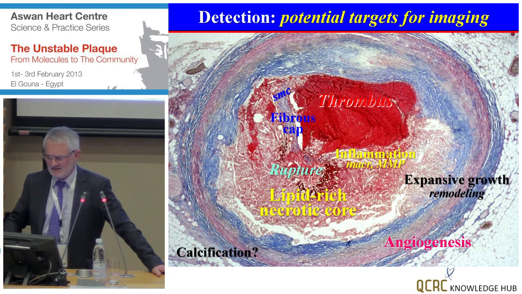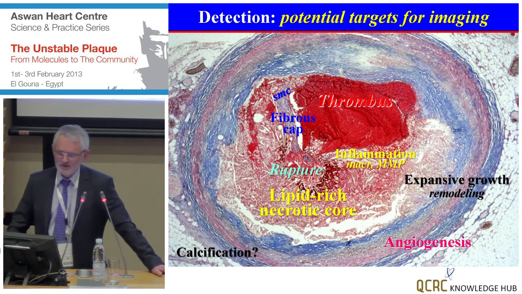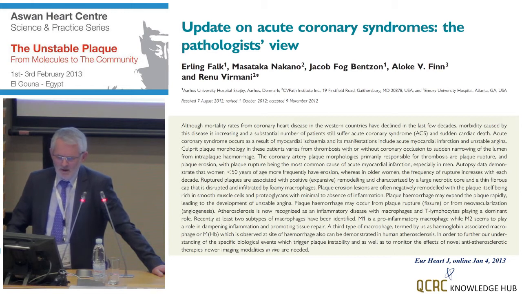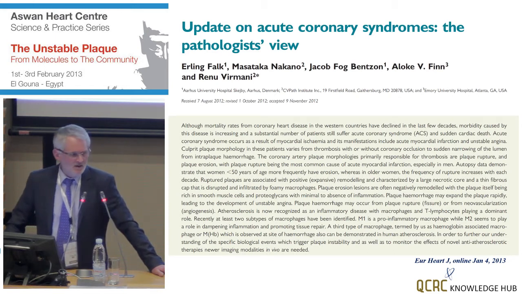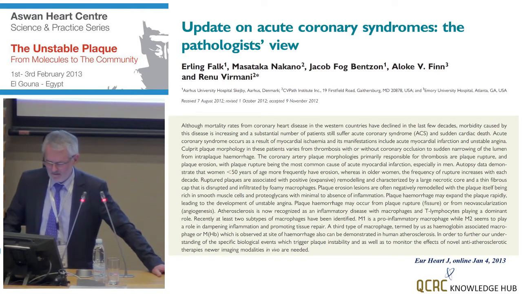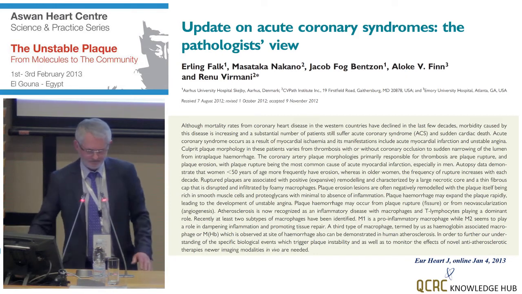It is a systemic disease that needs systemic treatment. Last month, we published a paper in the European Heart Journal together with Renu Virmani and her group, where we described these different types of vulnerable plaque. If you have interest in it, you can go to this paper and find a more detailed description of vulnerable plaque. Thank you.